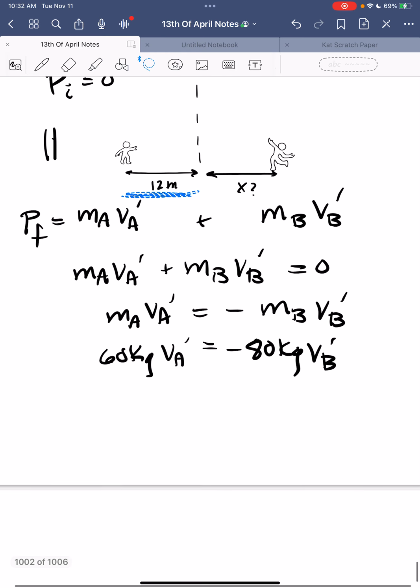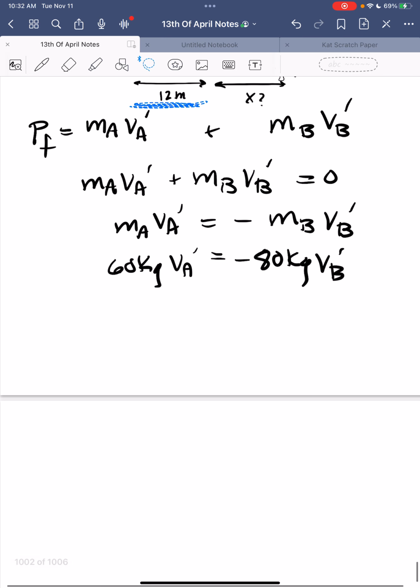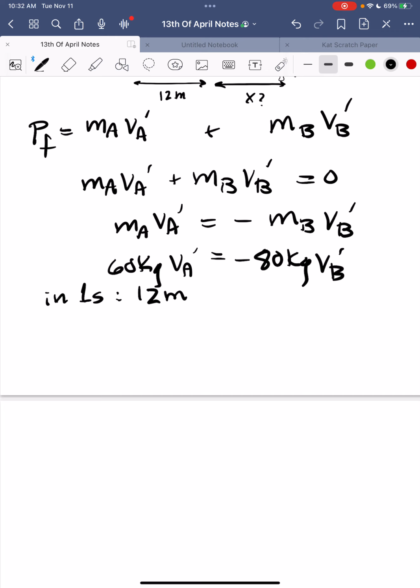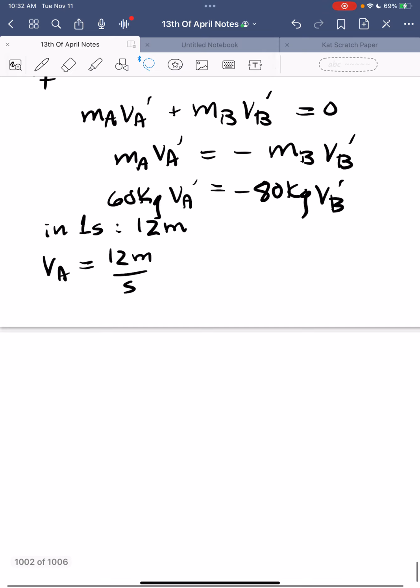So what I could do is just say in 1 second, 12 meters. I'm just going to hypothesize that it takes 1 second. So what that means is the velocity of A is going to be 12 meters per second. Let's just say that. Now, if I get that velocity, then let's see if I can get the velocity of astronaut B from that.